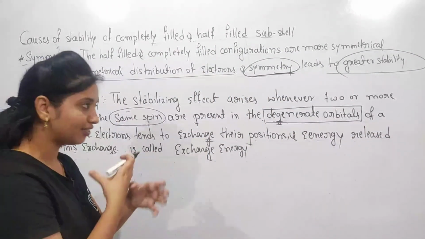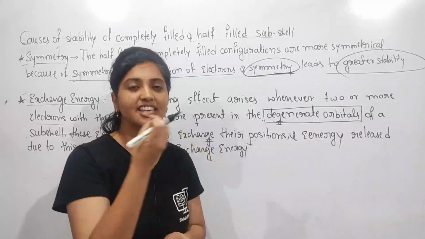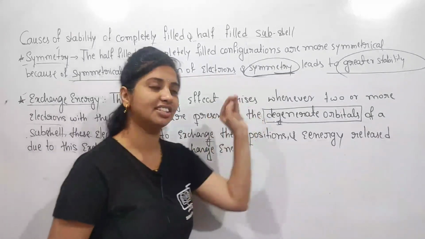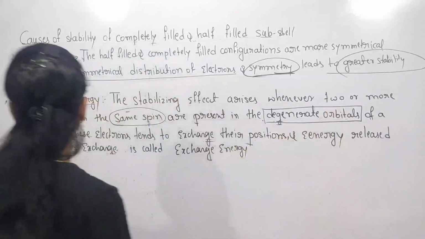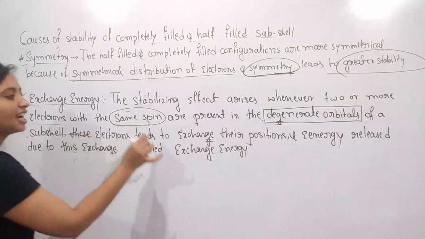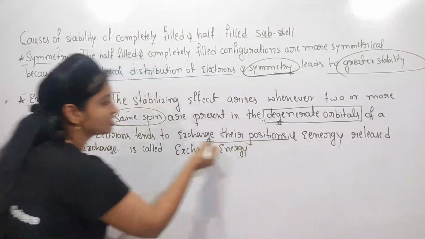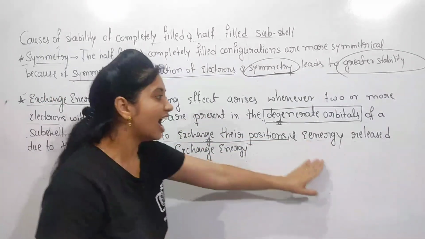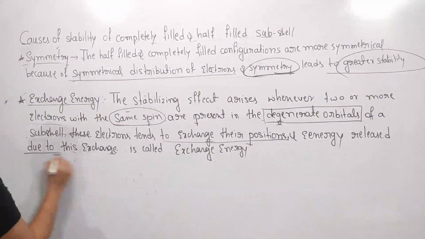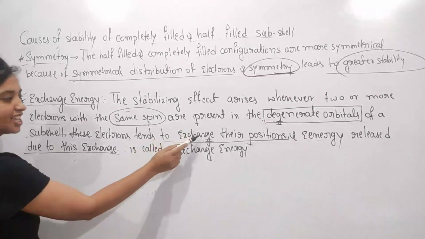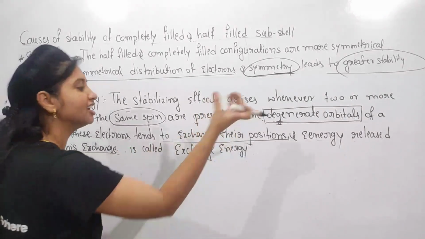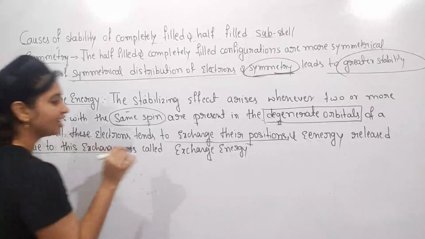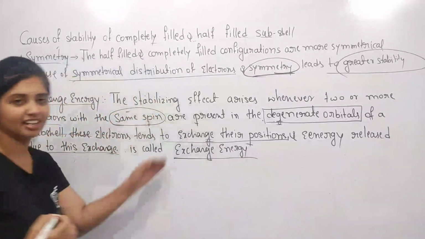Different orbitals present in the same energy level of a subshell are called degenerate orbitals. These electrons tend to exchange their positions, and energy is released due to this exchange. This energy is called exchange energy.